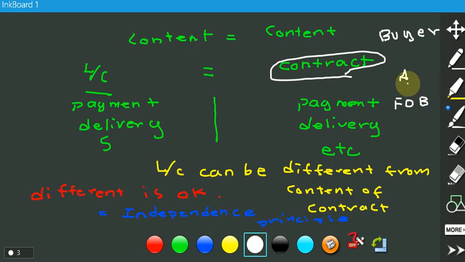Okay, then once he opened the letter of credit, he changed his mind: delivery condition CIF. Then the condition changed. But once the letter of credit is accepted, by whom?